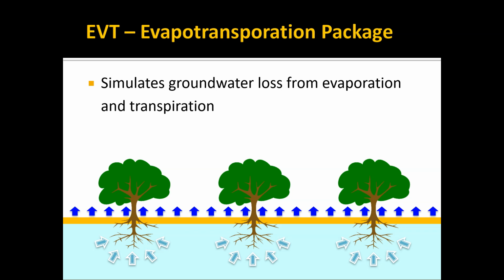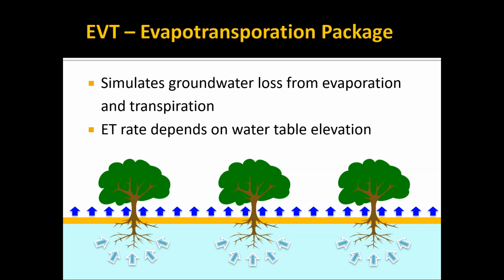If the water table drops, this behaves somewhat similarly to a drain. That loss only occurs if you have a high water table. If the water table drops, the evapotranspiration goes away, and it has no effect on your flow. The evapotranspiration rate depends on how close that water table elevation is to the ground surface.